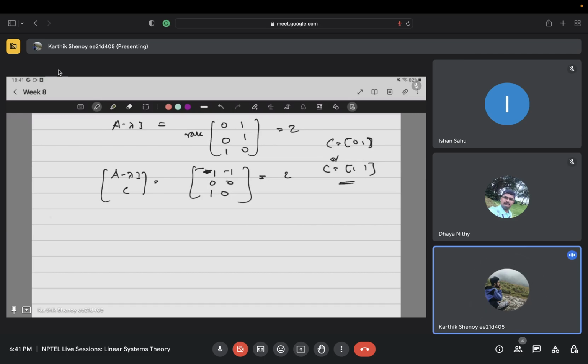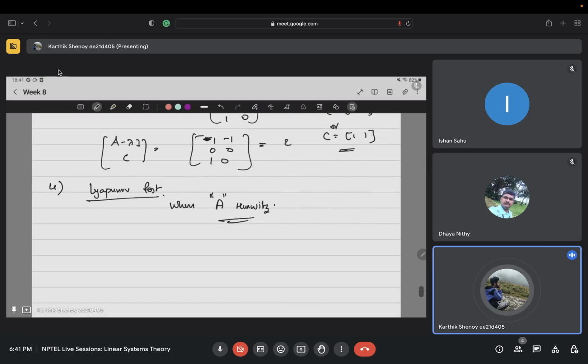Now there is the fourth test, which is the Lyapunov test. This will only work if A is a stability matrix, that is, when A is Hurwitz. That's a very important part, because sometimes people might miss this out. A should be Hurwitz, which means all the eigenvalues should have real part less than 0.